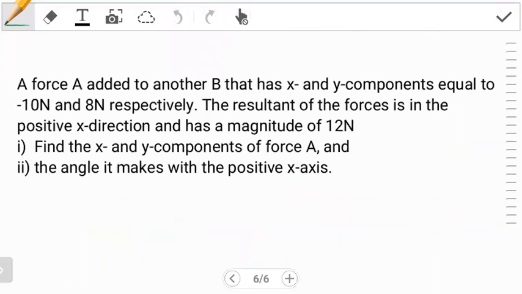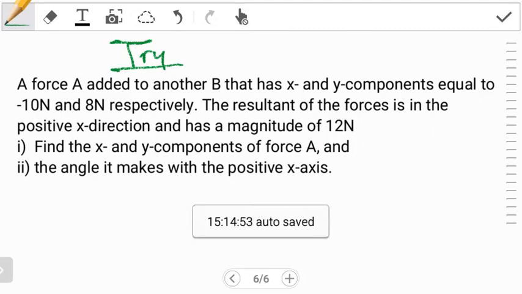The only difference is it uses two vectors, and instead of having to find the resultant, we're given the resultant, and they're asking you to find the components of one vector, and also the angle the resultant makes with the positive x-axis. So you can try this one out, and then leave your answers in the comment section. Let's see those who get it right, and those who struggle, you can also just check the comment section to see if there are any hints on how to work it out.